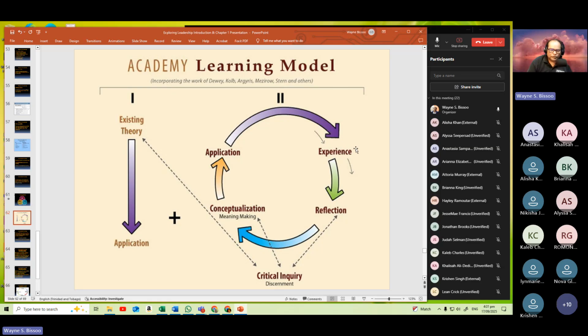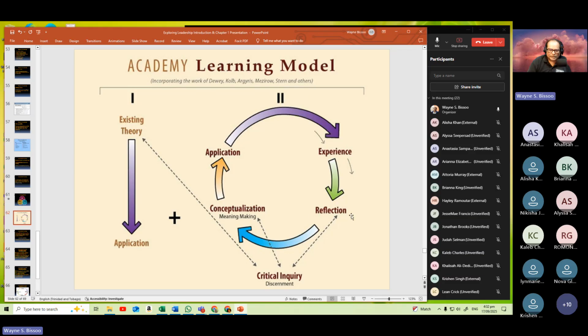From the experiment, you draw conclusions, reflections, and that either takes you back to the application process, where you go through that process again several times before you're able to discern from those experiments some sort of critical outcome that allows you to submit that work to the rest of us as a theory, and that theory is then applied in the real world. So this is that learning model.